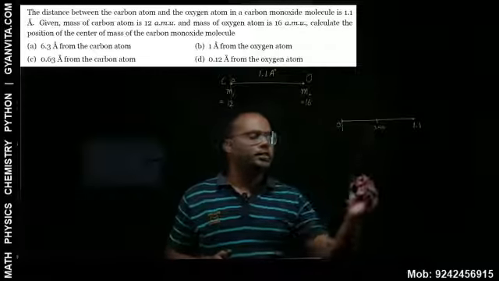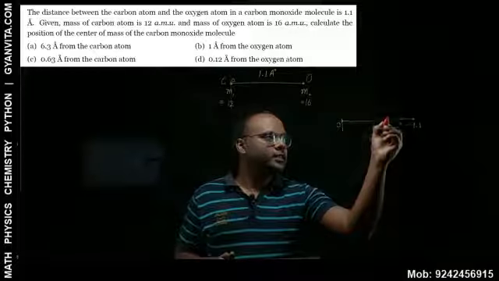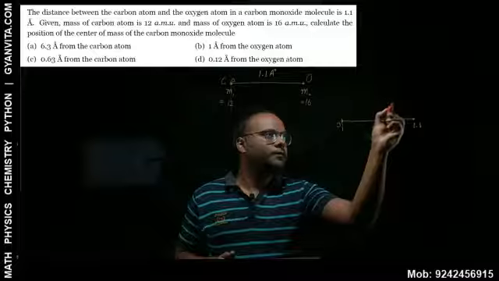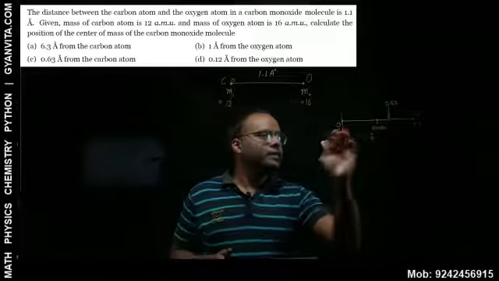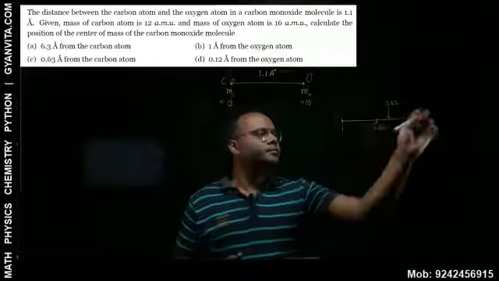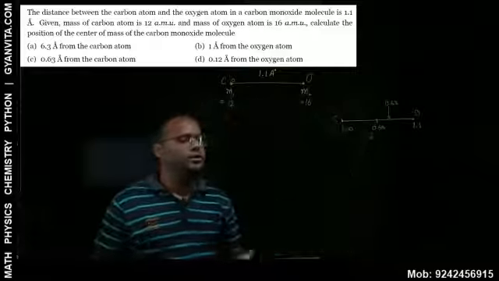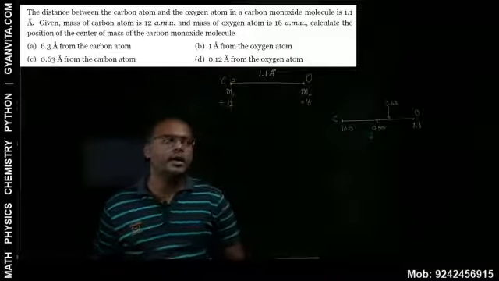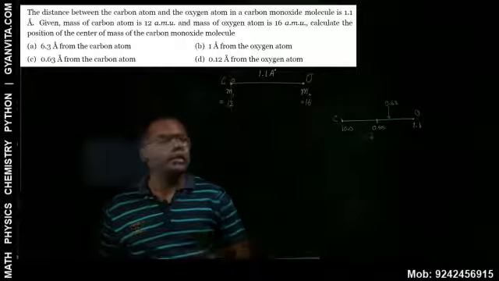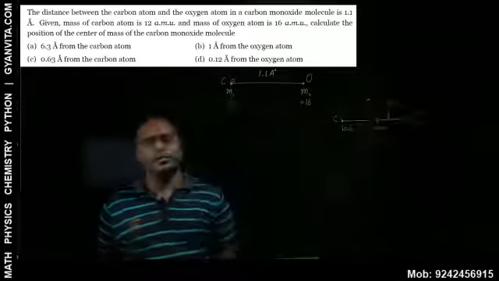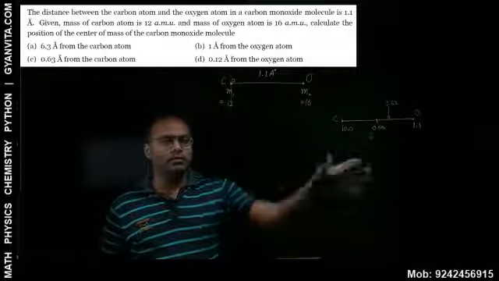Your answer was 0.63. So that means that is somewhere over here. That means that is near oxygen. So the center of mass, if it is a two mass system, will always be towards the mass which is heavier. Great. And your answer was exactly that.